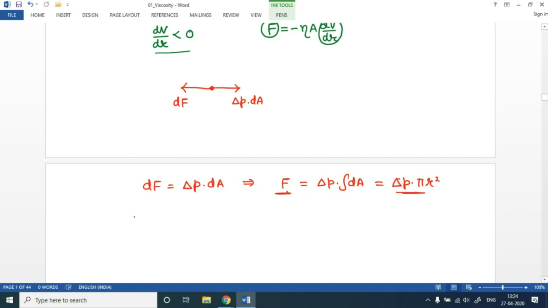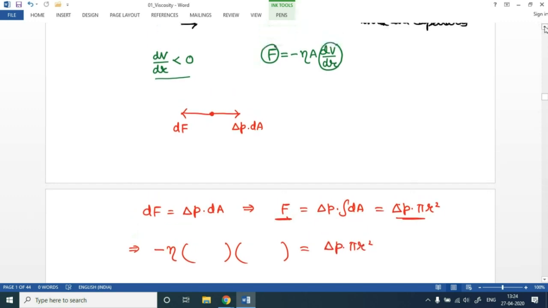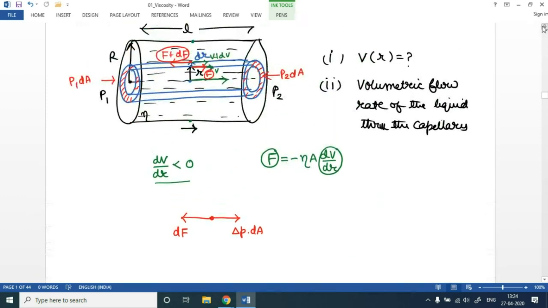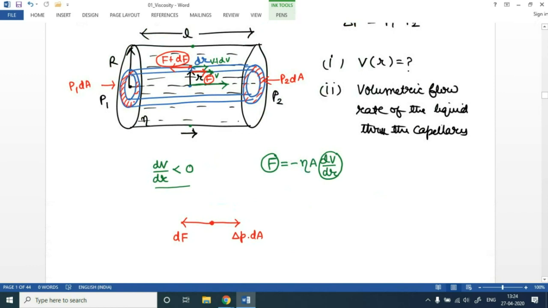So when we substitute this expression for force, that is going to be minus eta times A into the velocity gradient equal to delta P times pi r square. Now you realize what would be A over here. What is the area of the surface over which it is acting?